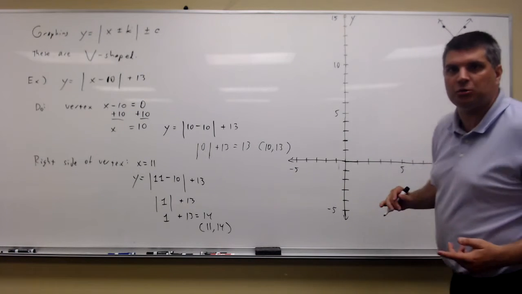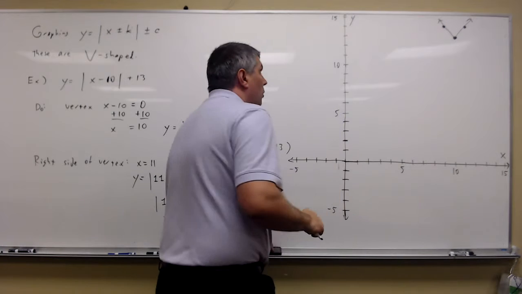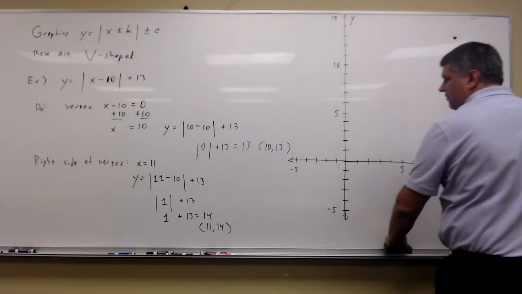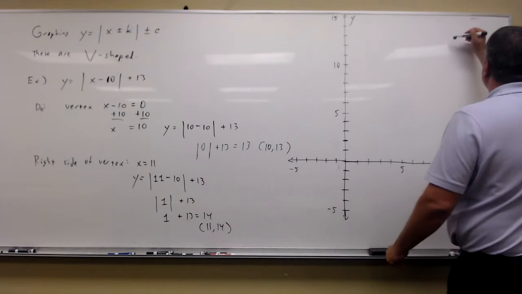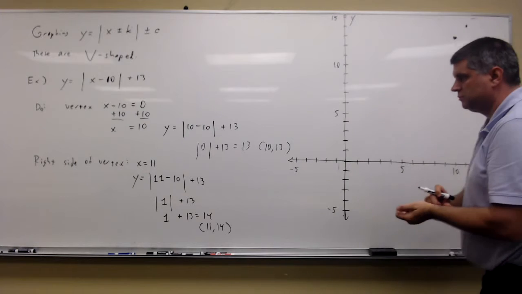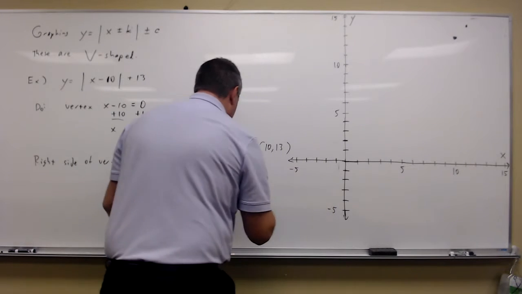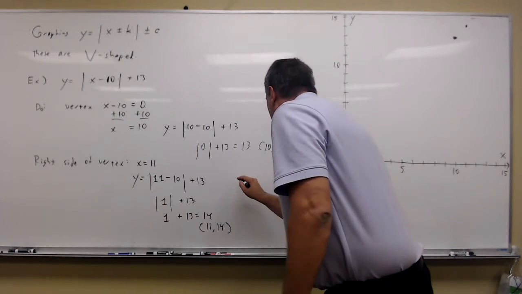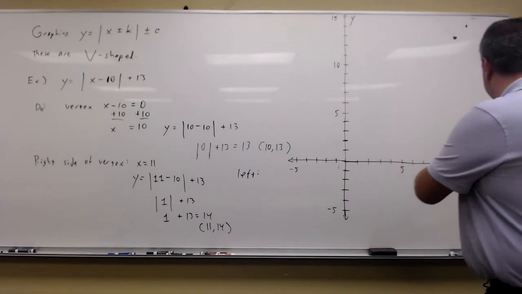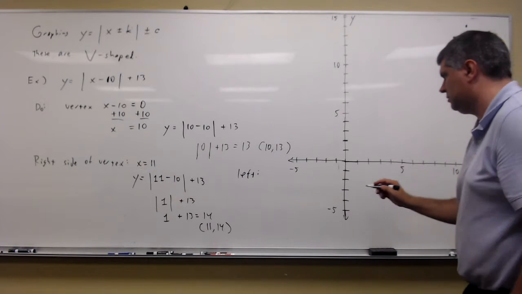Now let's say you don't see that right away. So I'll go ahead and rewind. We did the vertex. We got 11, 14. Left. Well, left of 10 would be 9.